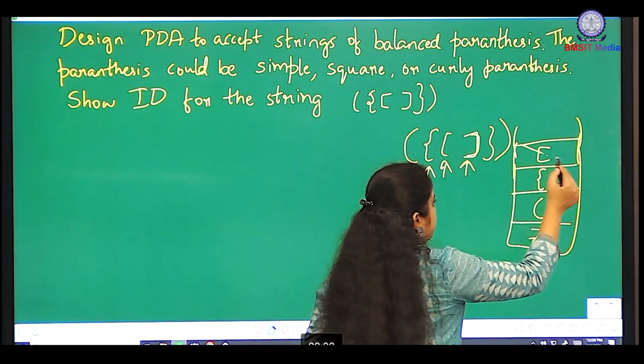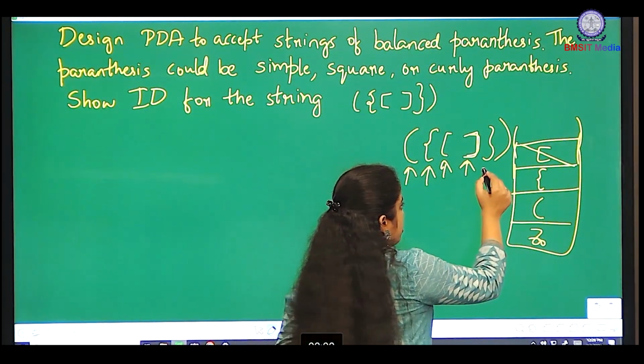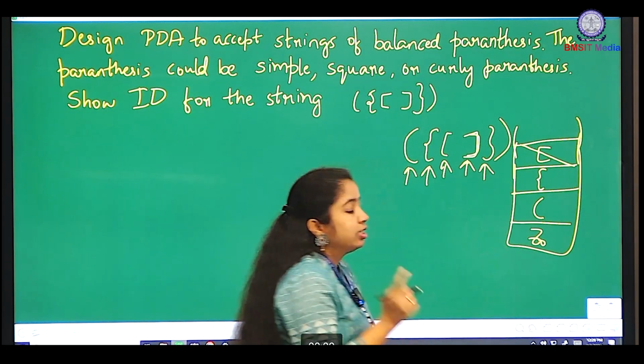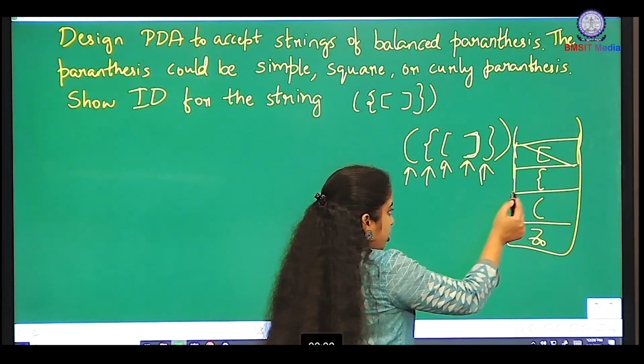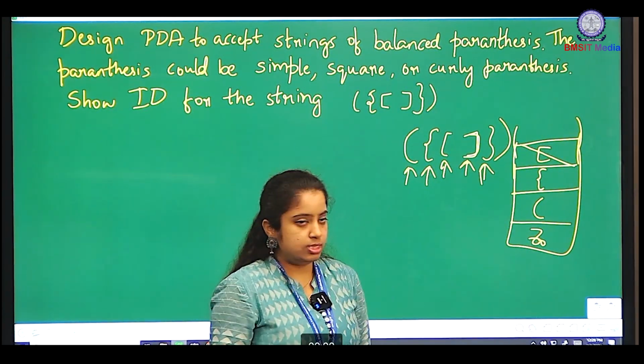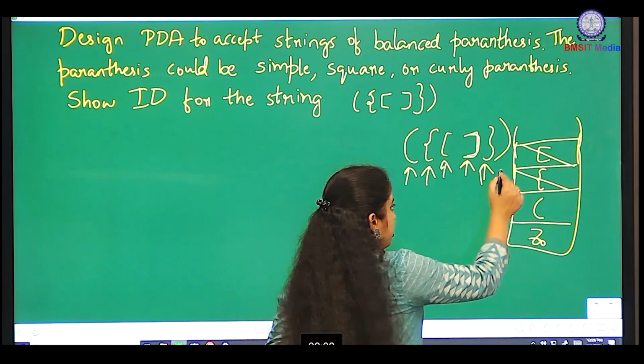Then only the string is balanced. Next you are reading a curly closed parenthesis. What should be there in the stack? The corresponding opened curly brace. So you are popping this out.